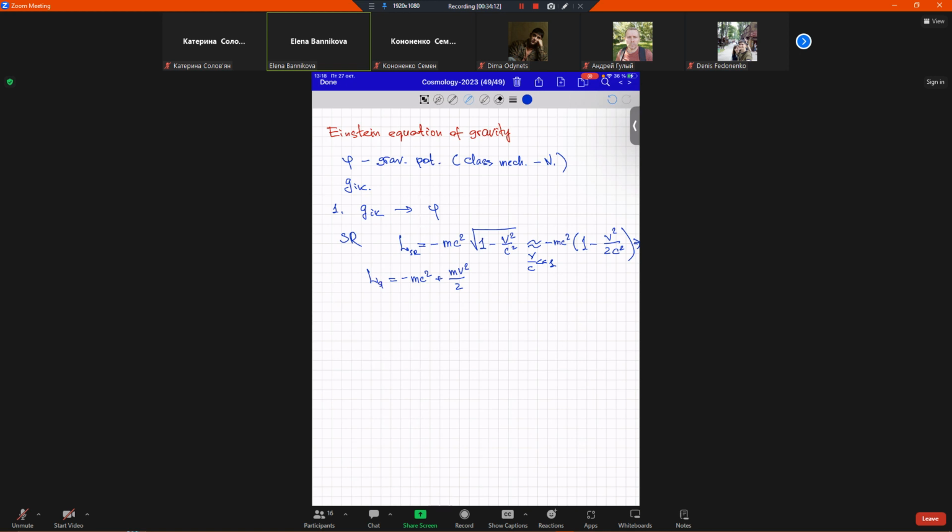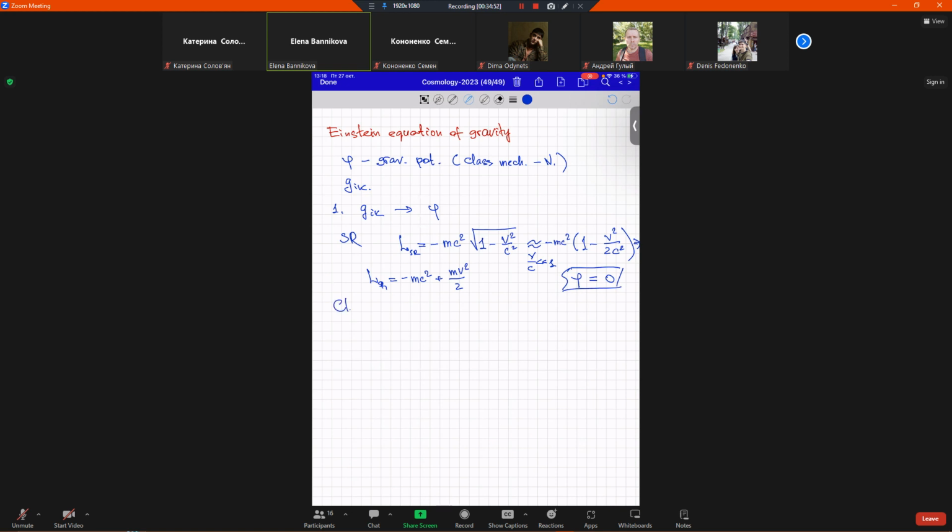Special relativity. So what does it mean? When we speak about special relativity, in this case we don't have gravity. In general relativity we will have gravity, but here you can see that we don't have any summand which contains information about gravity. So we can schematically put here that this corresponds to phi equals 0.